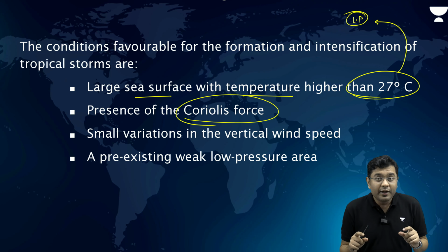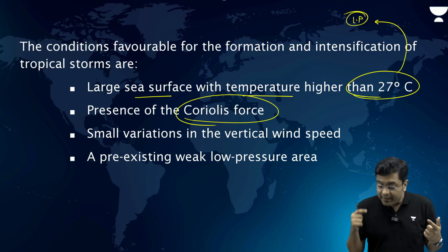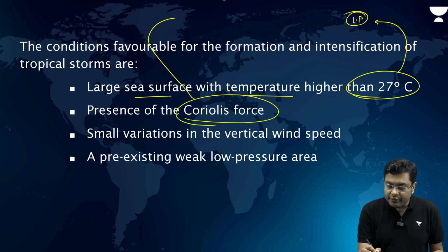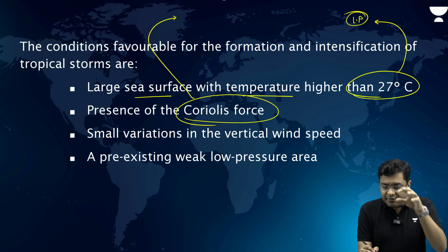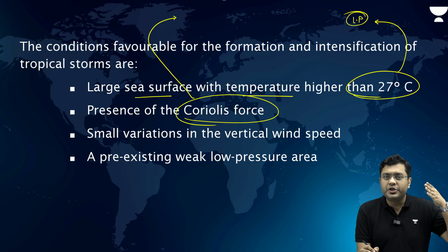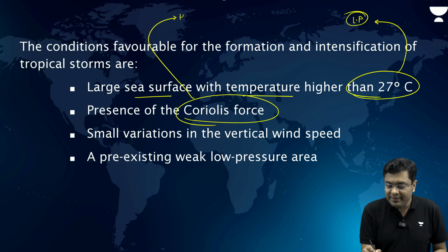At the equator, the Coriolis force is 0. That is why you don't have any cyclonic formations at the equator, neither will you observe any cyclone crossing the region of the equator. Hence, no cyclonic formation at the equator.